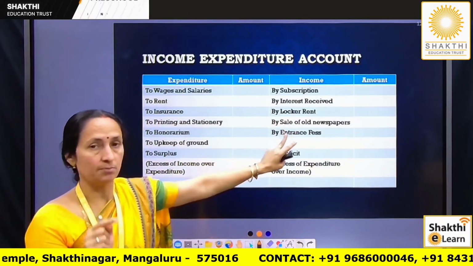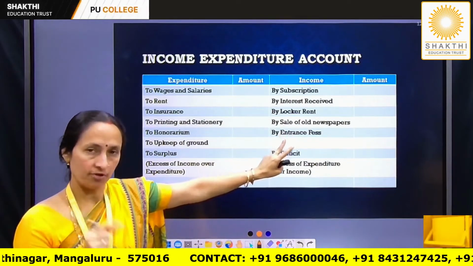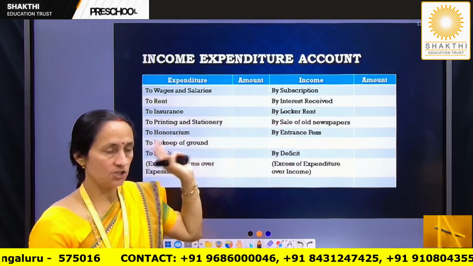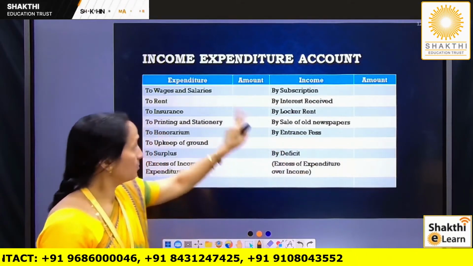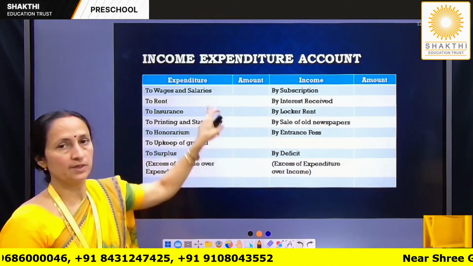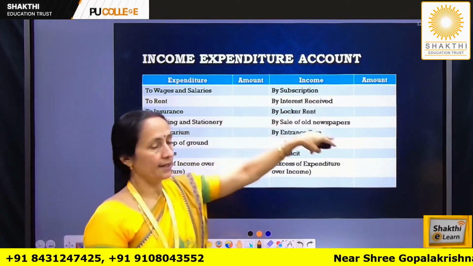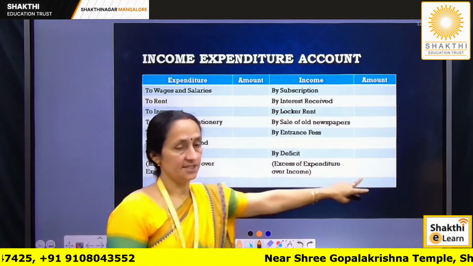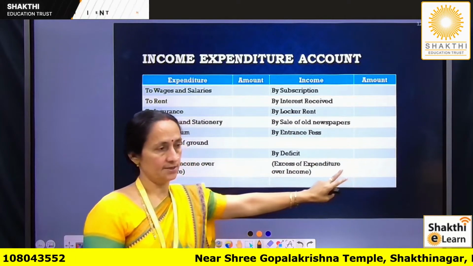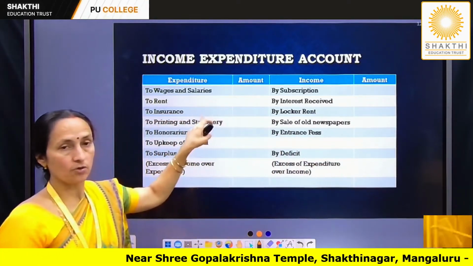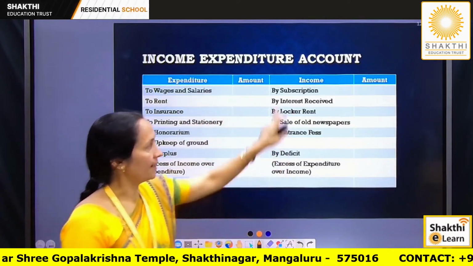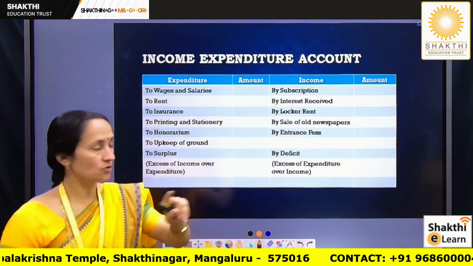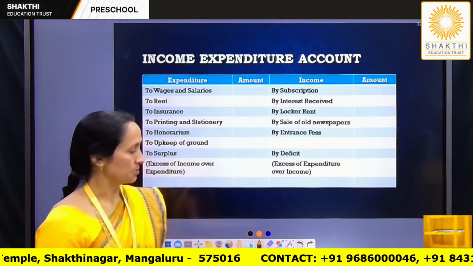Special donation, building donation, or any other specific donation, it will go to balance sheet. Now, what about deficit? Suppose your expenses, expenditure, are more than your income. It will be deficit, like loss in trading business, right? So you need to record only revenue items, revenue expenditure and revenue incomes. The main source of income is your subscription, fine.